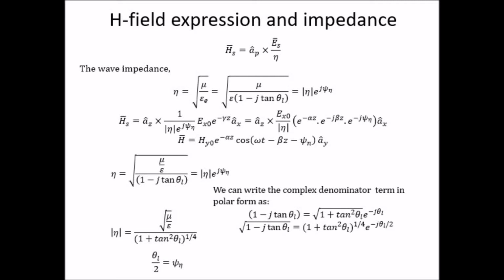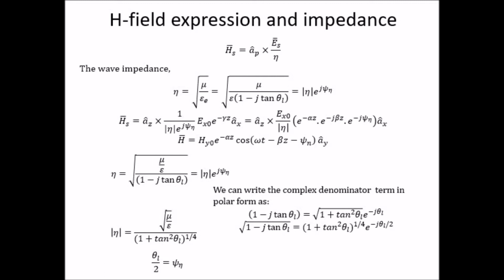If we take the square root on both sides, then the square root of 1 minus j tan theta_L will be (1 plus tan squared theta_L) to the power 1/4, and the phase angle will be theta_L over 2.